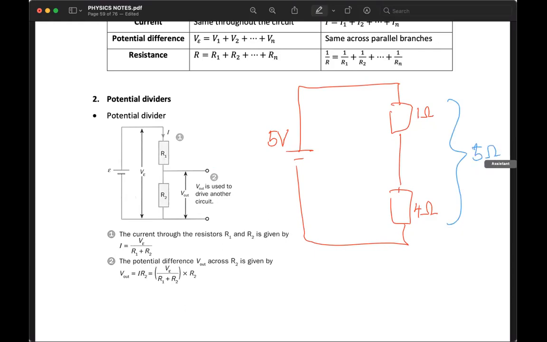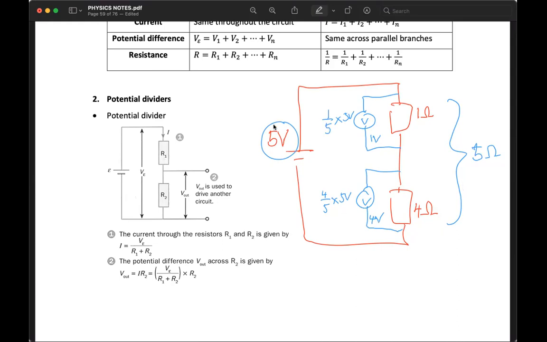So the V across the first one will be 1/5 multiplied by this 5 volt. So that gives you 1 volt. Same thing, this is 4 out of the total of 5. So this will be 4/5 multiplied by 5 volt, which gives you 4 volt. Does it make sense to you all now?